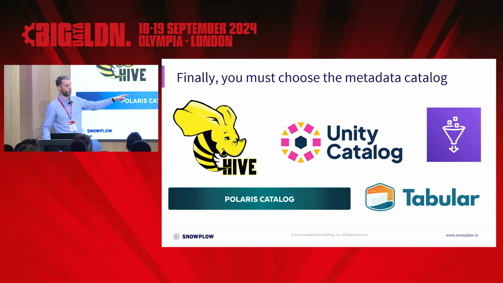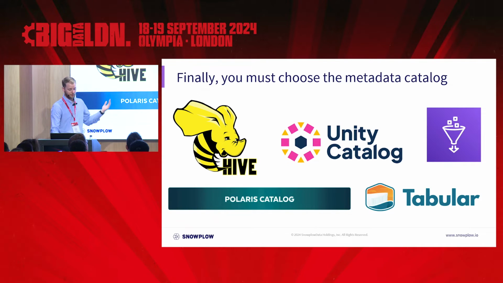I mean, Databricks have acquired Tabular recently, who were the original developers of Iceberg. So should you use Iceberg and Tabular with Databricks, even though Databricks develop Delta? Databricks also supports Unity Catalog and the Hive Metastore and AWS Glue. So which one of those three should you use?